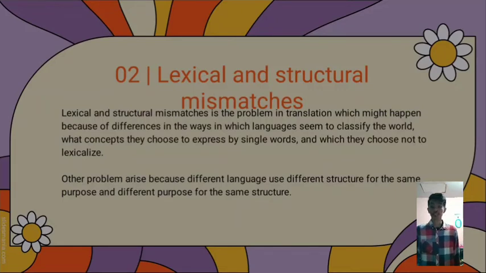Other problems arise because different languages use different structures for the same purpose, and different purposes for the same structure.